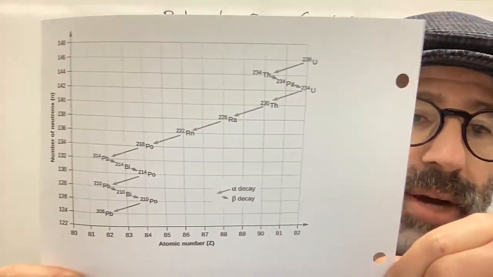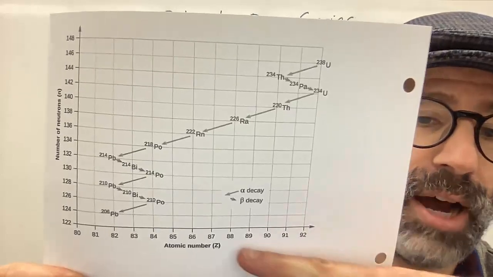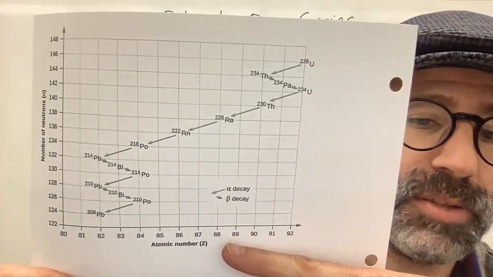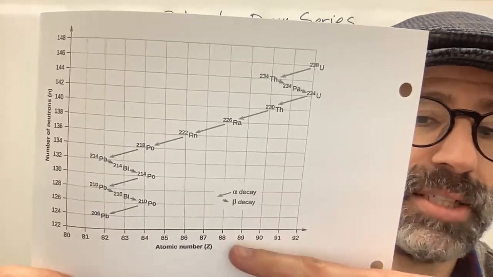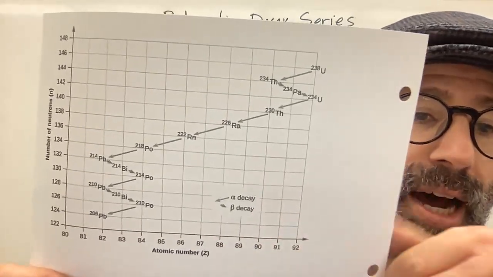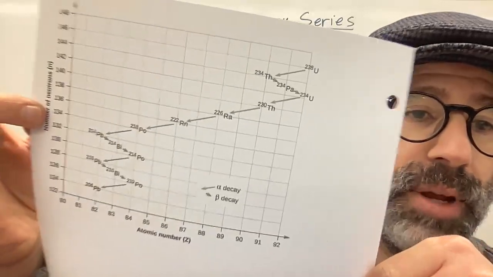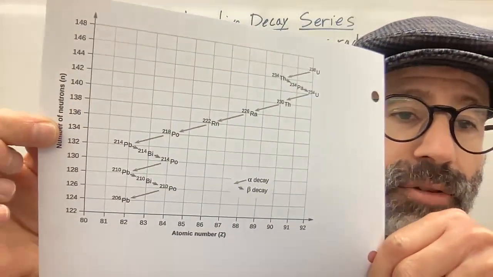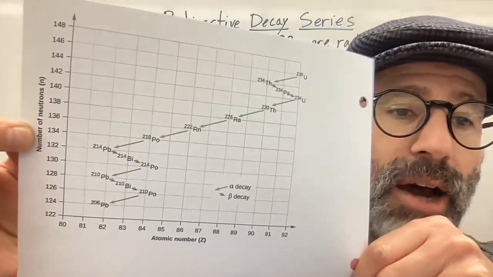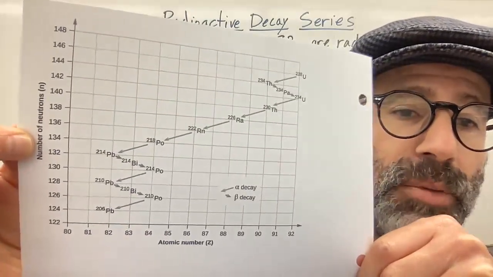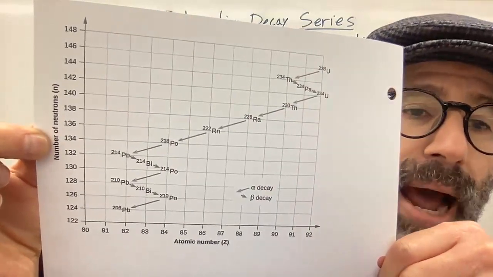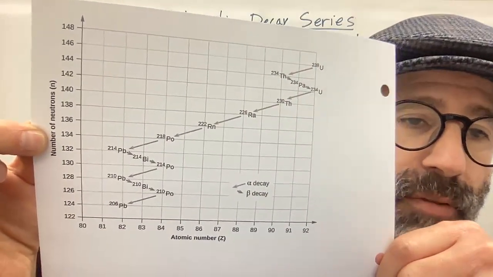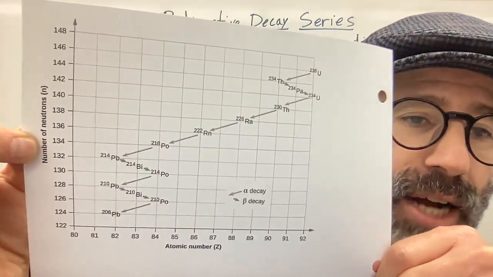Let me go back and start by explaining the graph here. You saw this in my earlier video. Down here on the x-axis, we have the atomic number Z, the number of protons. On the y-axis, it could be the number of neutrons, but I've also seen this with the mass number, which is the number of protons and neutrons together.